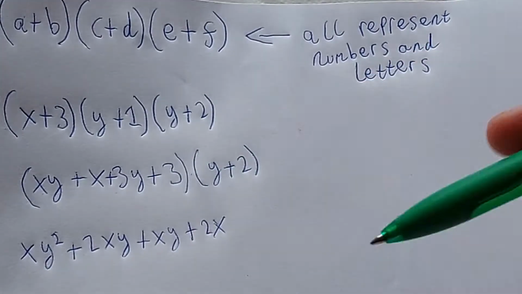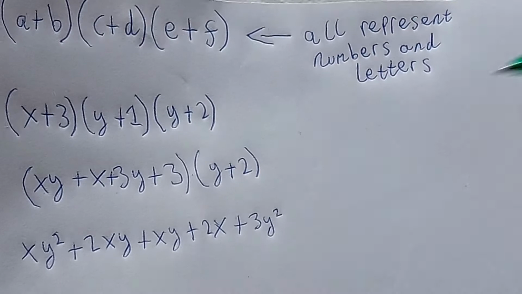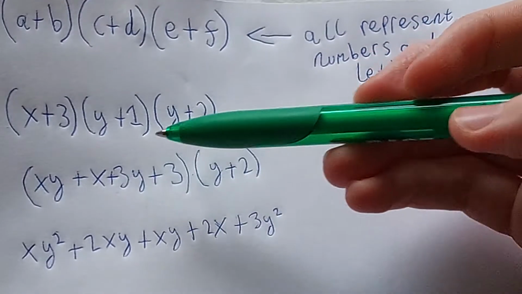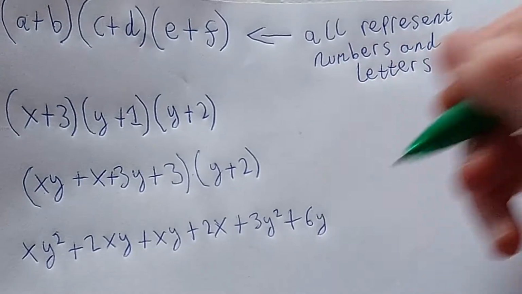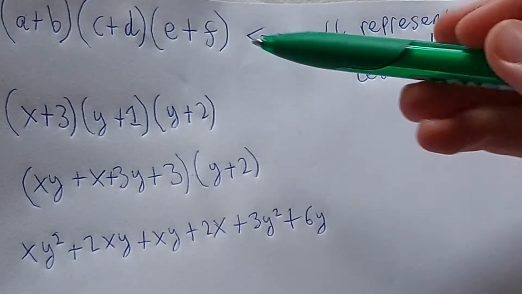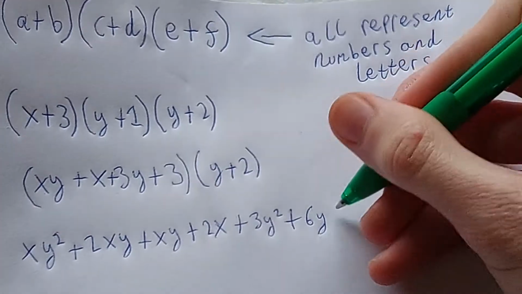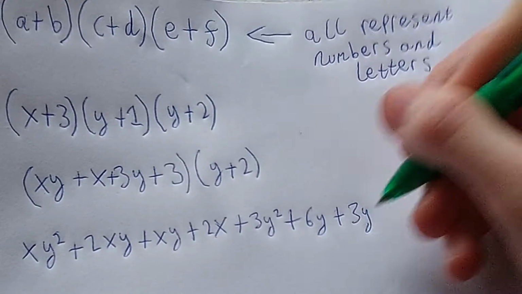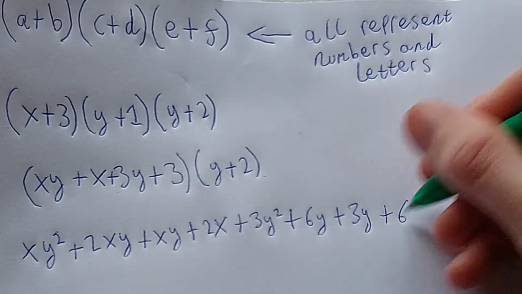So 3y times y would give you 3y squared. And then we go on to doing 3y times 2, which is 6y. And finally, the last character of this bracket, times it by y to give you 3y. And then 3 times 2 is just simply positive 6.